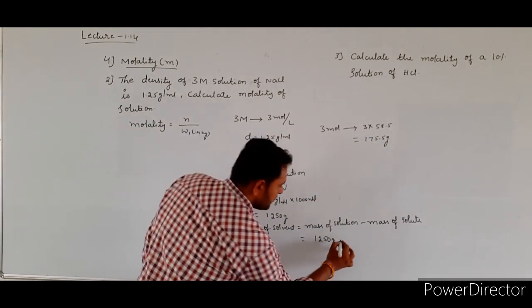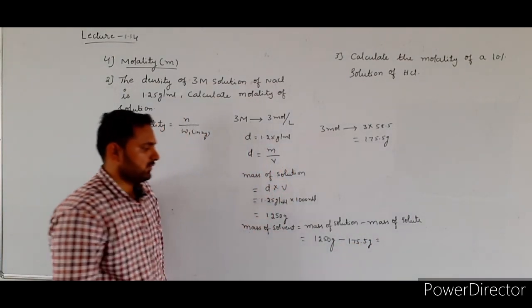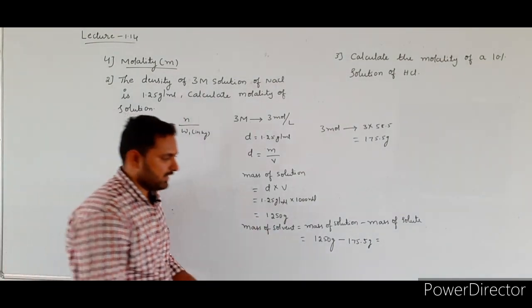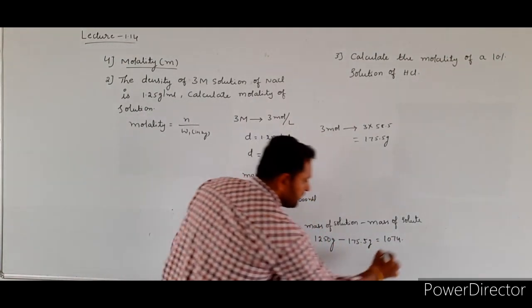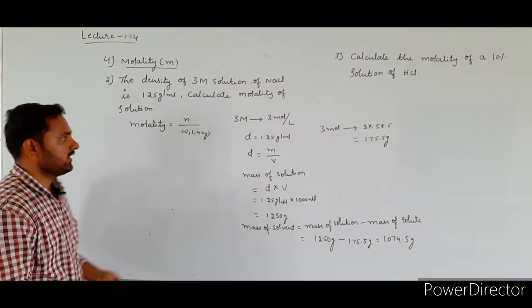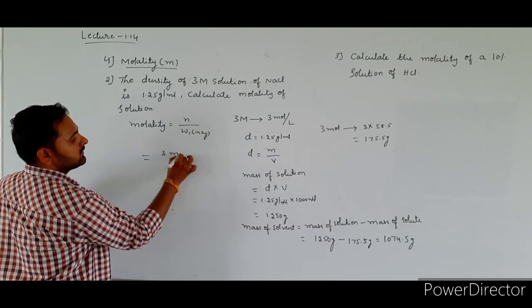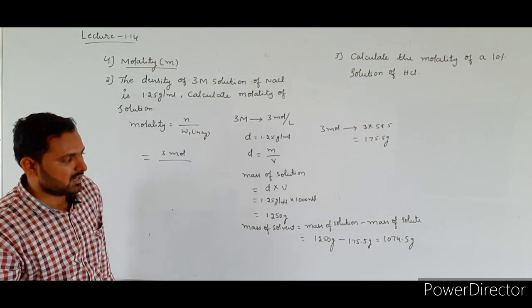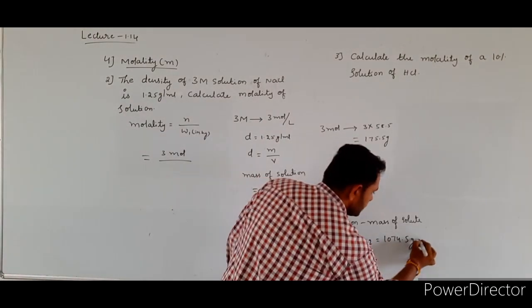Then you substitute here: 1250 minus 175.5 gram. After subtraction, you will get 1074.5 gram. This is the mass of solvent. Now you substitute here. Number of moles of solute is 3 moles, divided by the mass of solvent, 1074.5, which is in gram. Now you convert into kg.